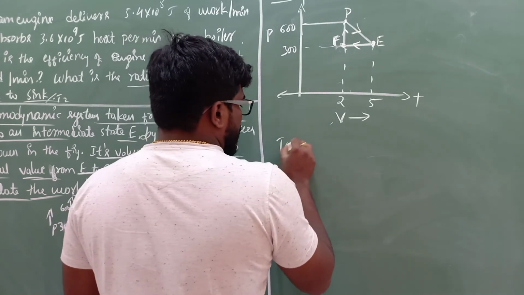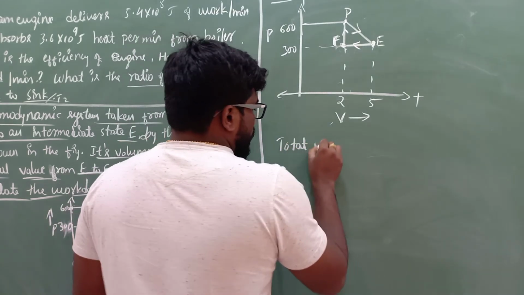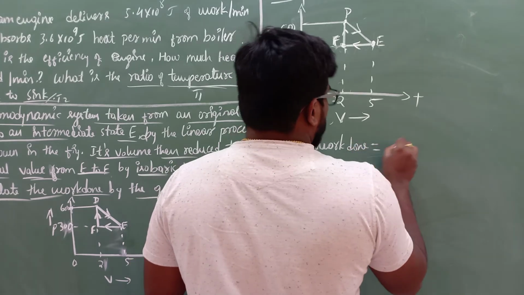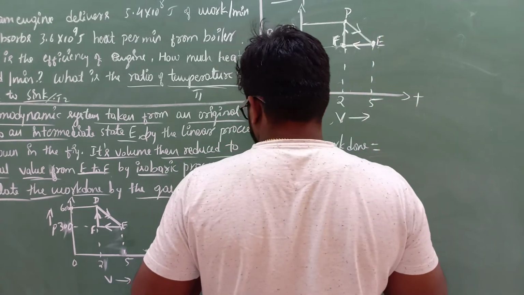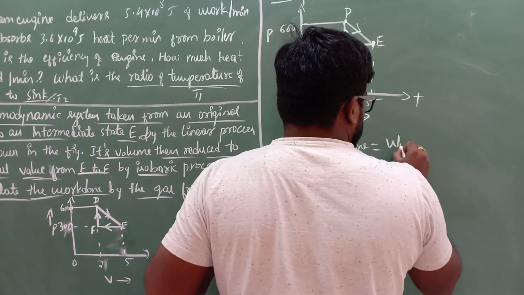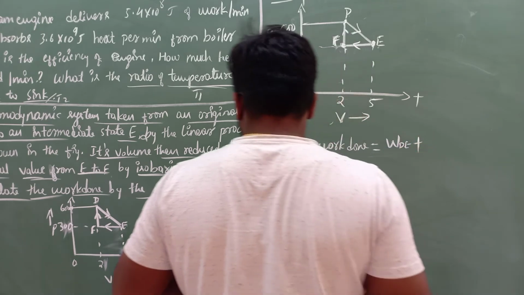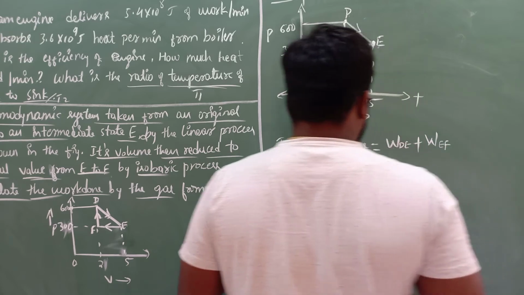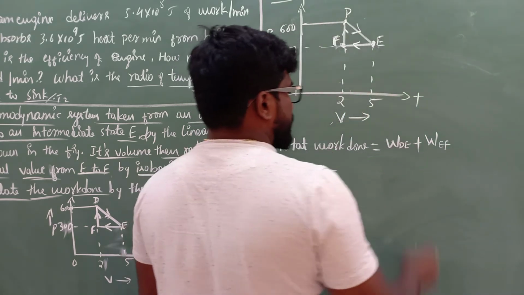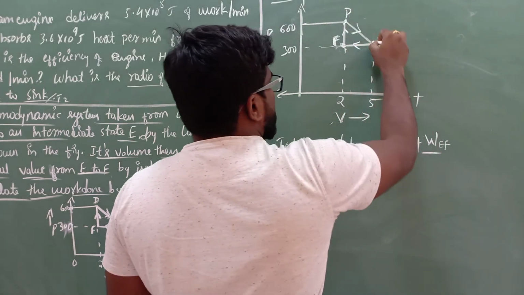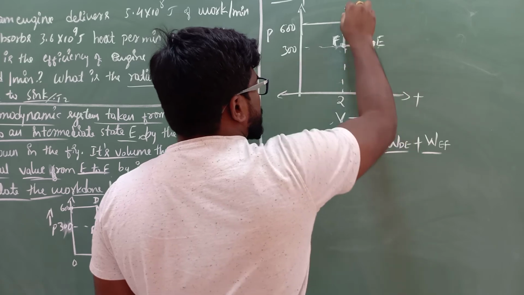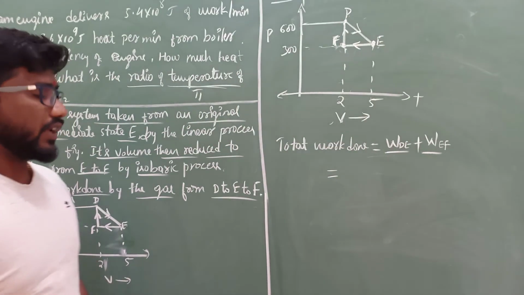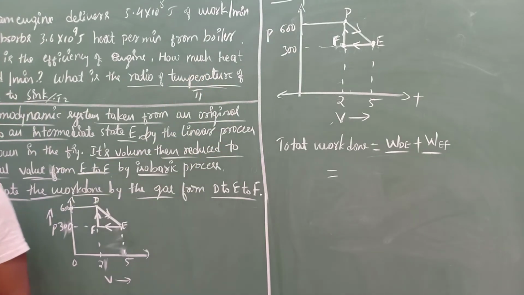So total work done is equal to work done from D to E, because it is given already, W D to E plus W E to F. So what is this D, E, F? It is nothing but a right angle triangle.